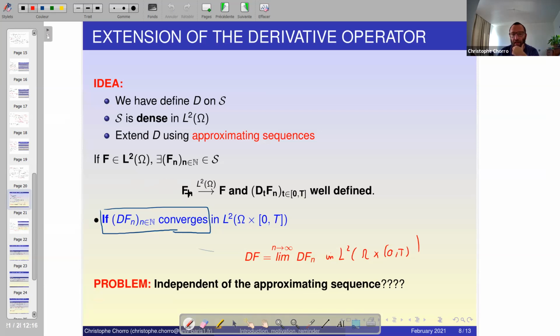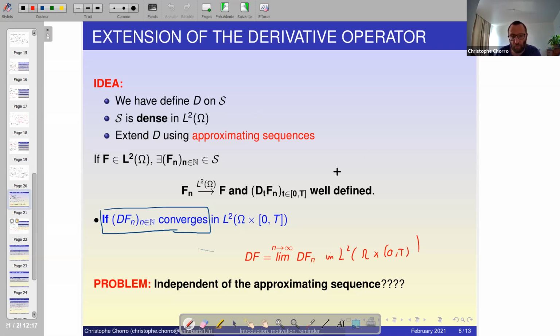Suppose that F may be approximated by a sequence of S. If the sequence of the related derivatives is convergent, then I define the derivative as the limit of the derivatives in L2 of omega times 0 capital T. What I have done using proposition 1 tells me that this way to define D of F is independent of the choice of an approximating sequence, because if I consider two of them, the limits of the related derivatives are equal, and so D of F is defined in an unambiguous way.